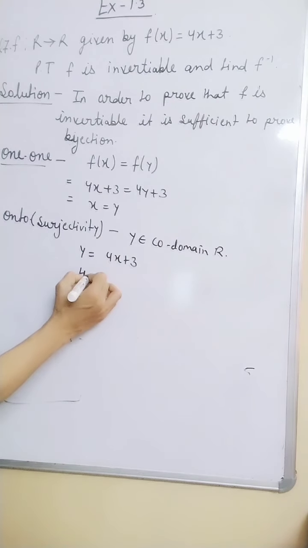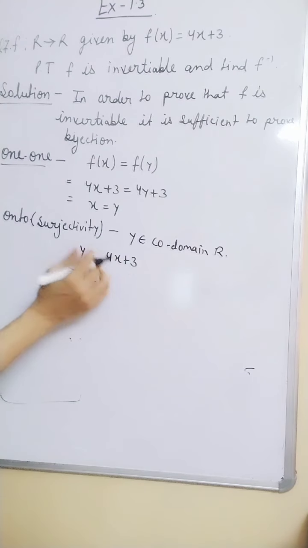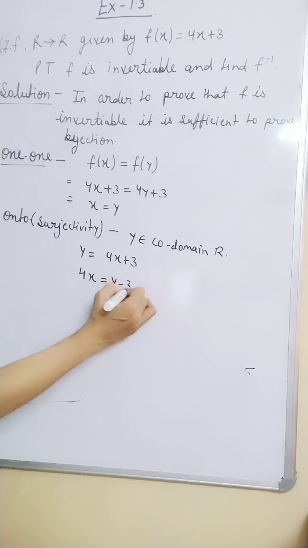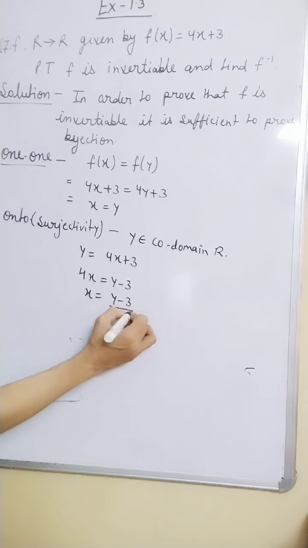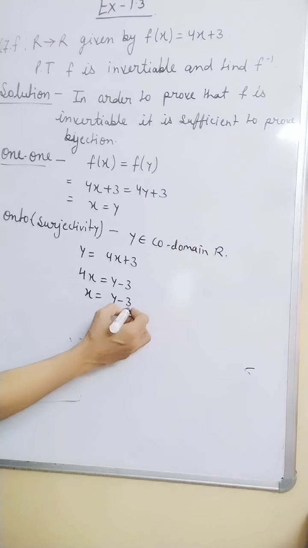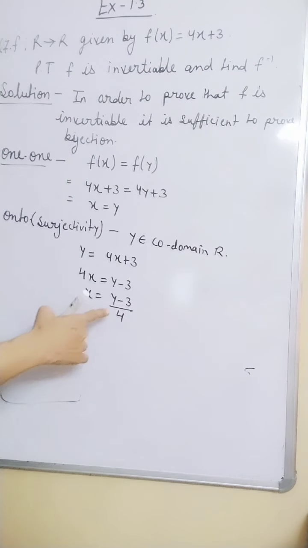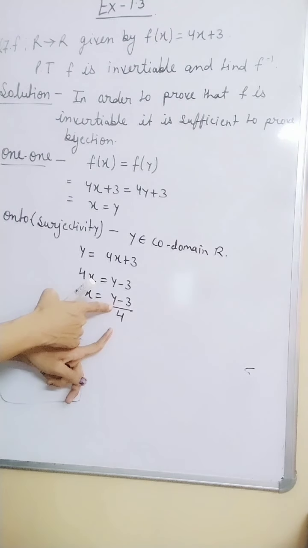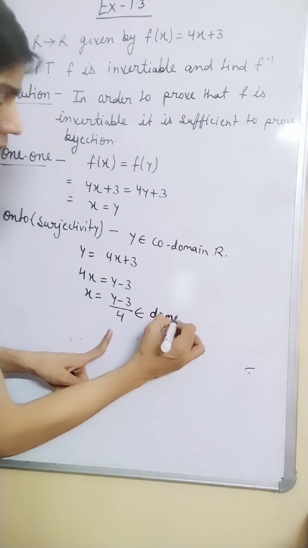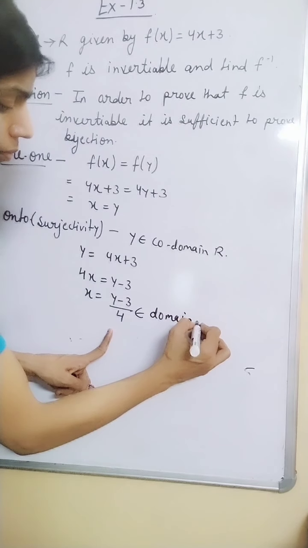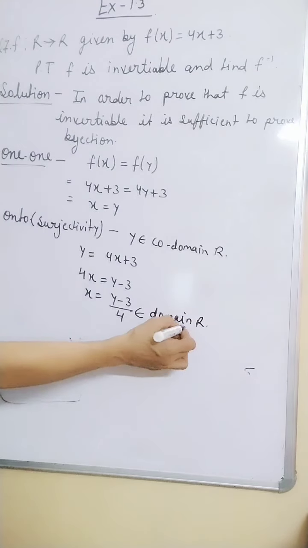We can write 4x, this you can take this side, 4y minus 3, right? Then value of x is y minus 3 upon 4. Clear? And this is also belonging to domain, means whatever the value we will get by putting the different value of y, this will belong to domain R. Means x is belonging to domain R.